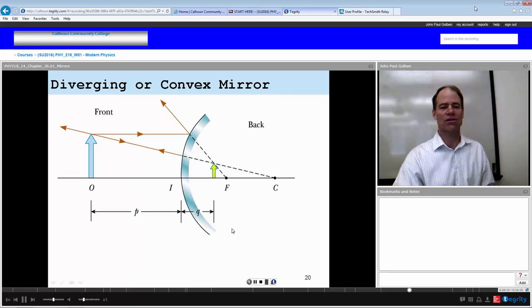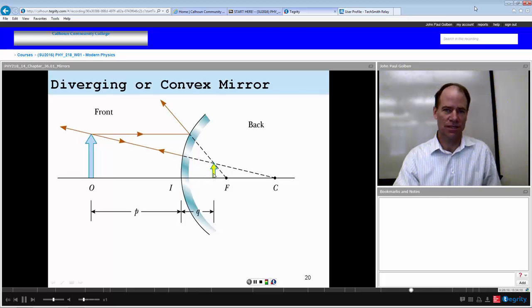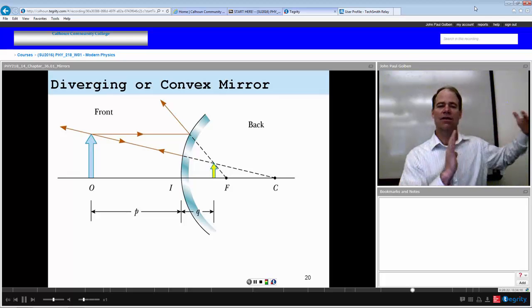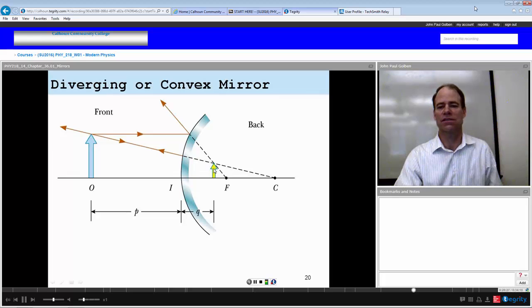It is smaller than the object, and it's got a negative image distance because the image is not on the side of the true outgoing ray. All the real rays are on the side after they reflected off the mirrored surface. So the image is not on the side of the outgoing ray, hence the image distance is negative.